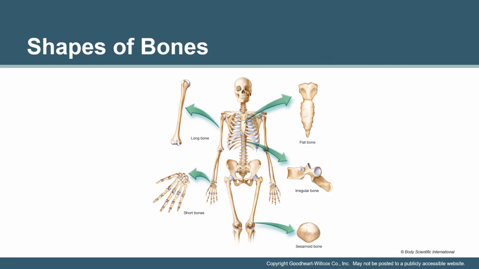Now, when we get to an opening, we're going to see words like foramen, meatus, and canal. The difference being a foramen is a rounded opening. A meatus is the beginning opening to a canal, and the canal is the tube itself. So, for example, you have in your skull something called the foramen magnum.